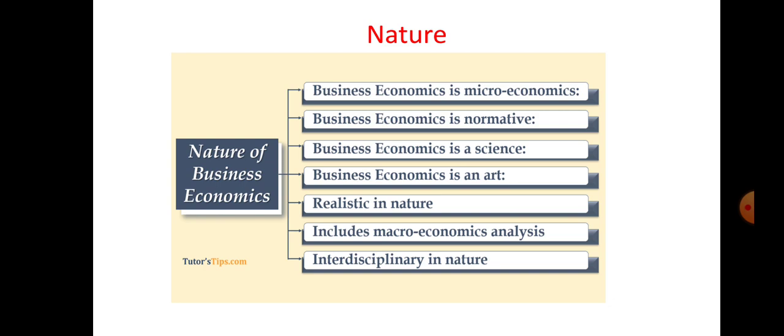Now coming to the next important concept, that is the nature and scope of economics. The nature of economics is that it is microeconomics and it is normative. It is also a science as well as an art, and it is realistic in nature. It includes macroeconomic analysis and it is interdisciplinary in nature.